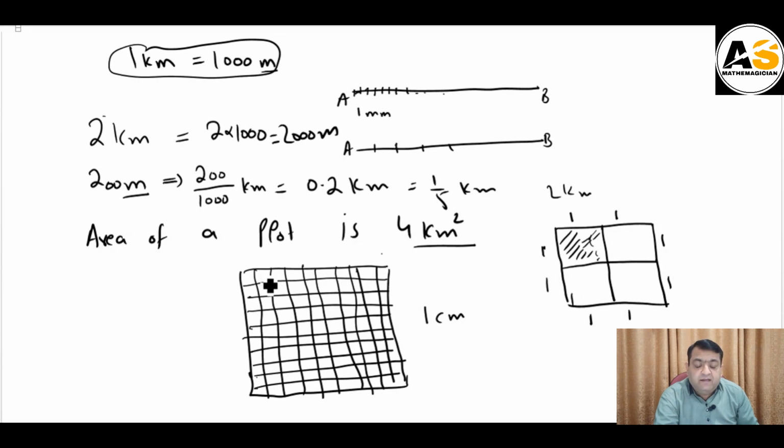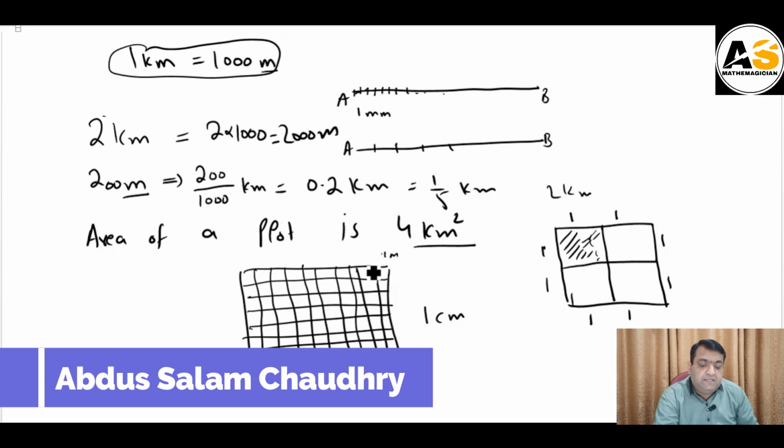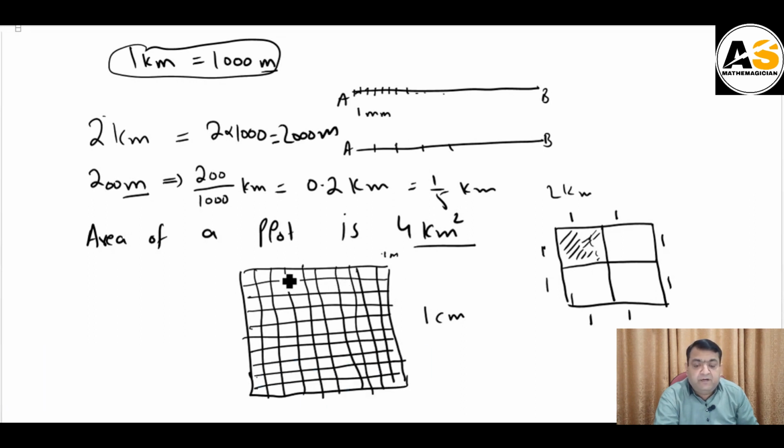I have divided it into small squares each of length 1 millimeter. There are 10 millimeter in 1 centimeter. So each side has length 10 millimeter, and this is area 1 millimeter square.